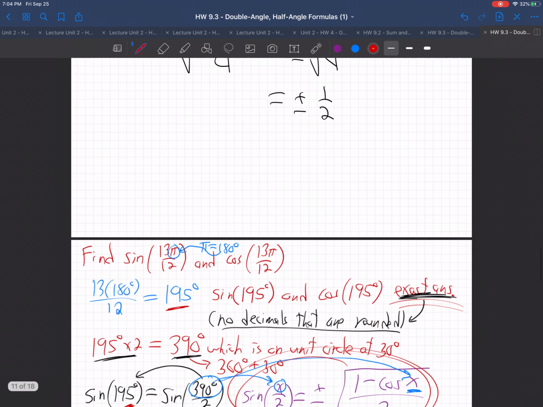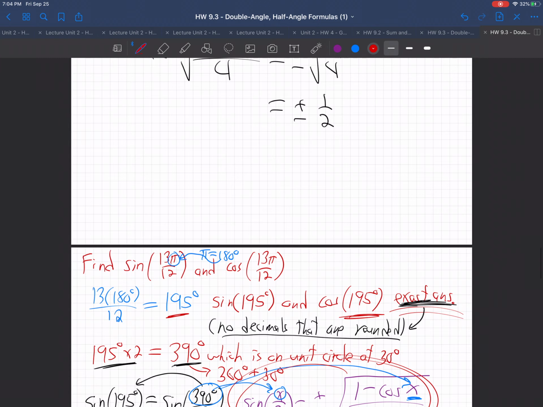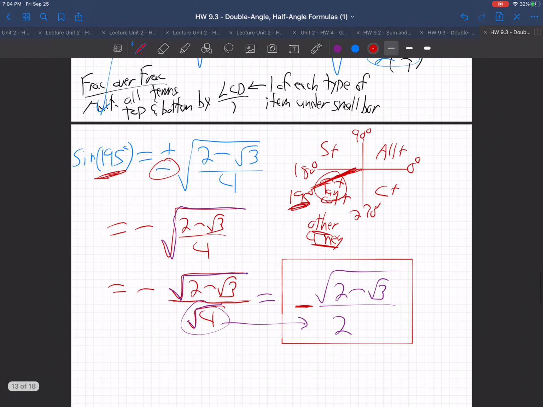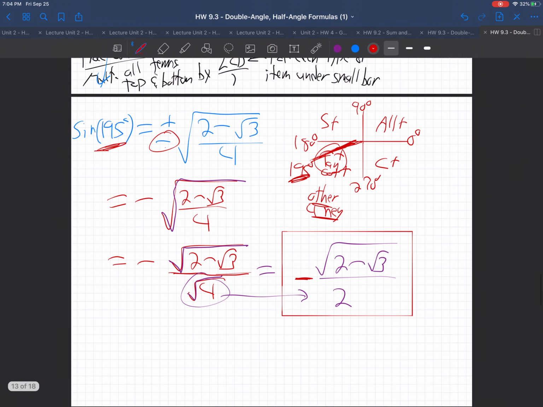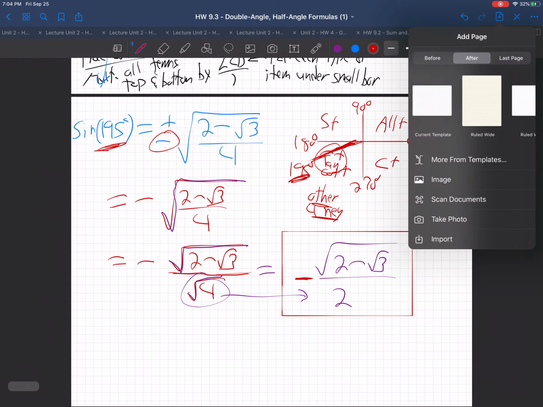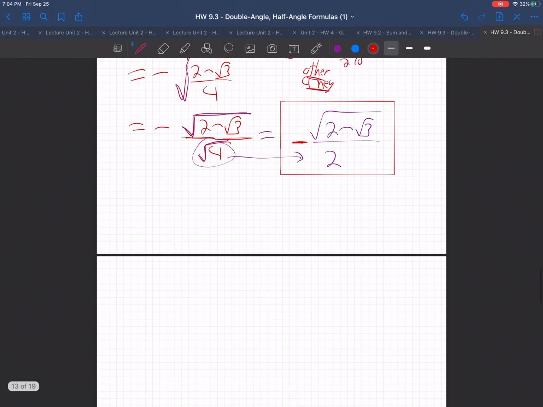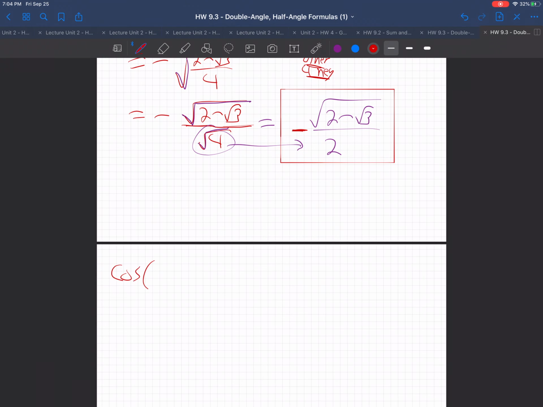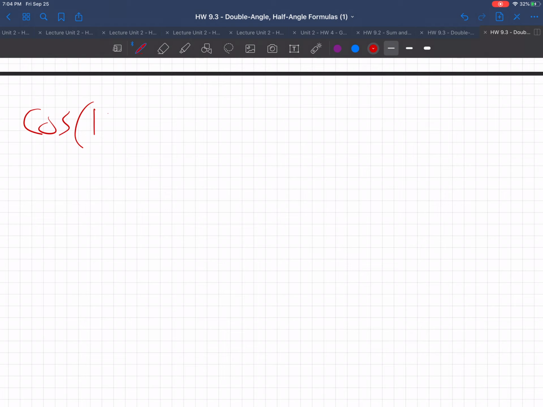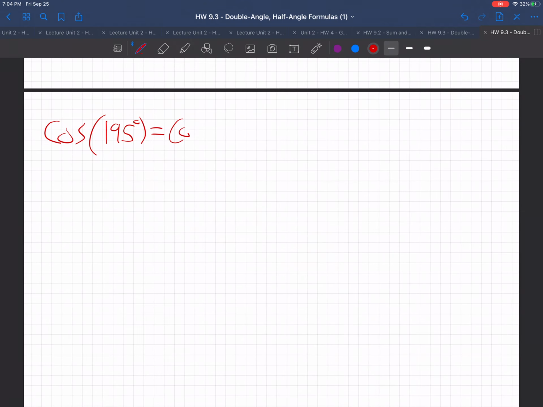Now let's do the other one. They also want us to find the cosine of 195. That won't be much different. It's pretty much the same thing. Again, we're going to use the half angle formula.